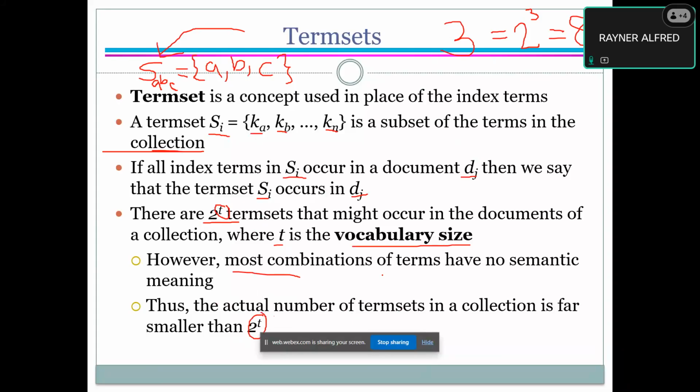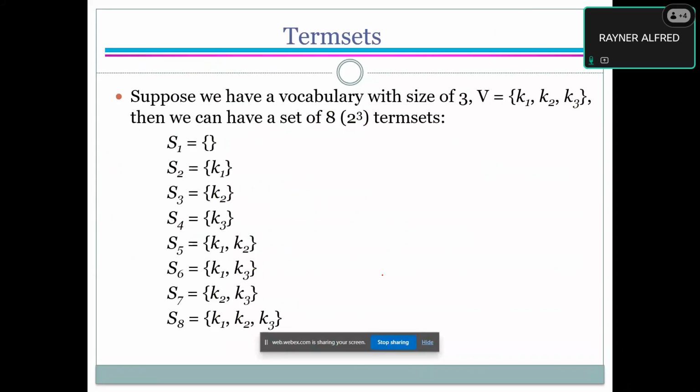So for example, if we have keyword 1, keyword 2, and keyword 3, the number of patterns we can have is supposed to be 2 to the power of 3. The empty set is also included. So this is the number of patterns of the occurrence of keywords that we have in our term set. This is called term set 1, term set 2, and so on, until we have term set number 8.